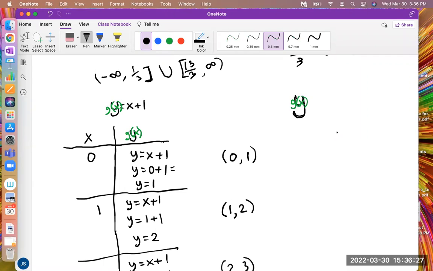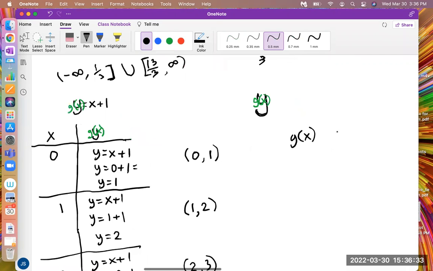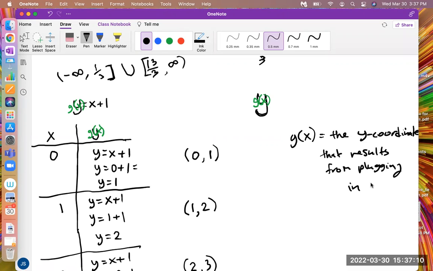In my mind, when I see g of x, it means the dependent variable, if you will, or the y coordinate that results from plugging x into the g function.